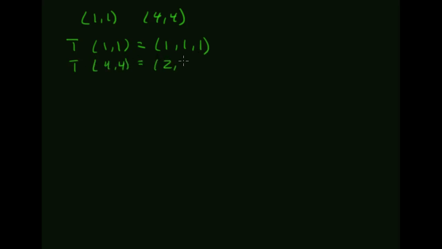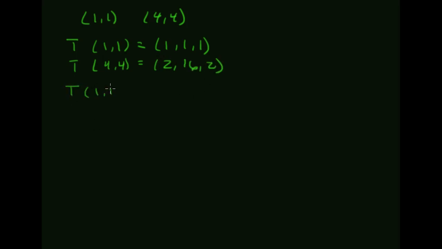Okay, so remember, you only need a single counterexample to disprove something. Number 4 is one of these cases. So let's use two vectors, (1, 1) and (4, 4). If you take the transformation of (1, 1), you get back (1, 1, 1). If you take the transformation of (4, 4), you get back (2, 16, 2).